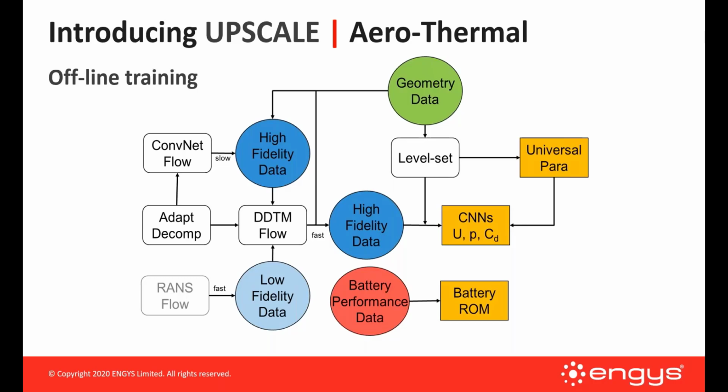We have other components such as geometry parameterization and so on that feed into it, but essentially we have different strategies for generating data of different fidelities that have to go into the training system, then be trained to create a neural network model. At the same time, as a separate system, we also train a battery reduced order model that will allow us to judge whether there's sufficient cooling flow for a particular battery pack, a particular driving cycle.